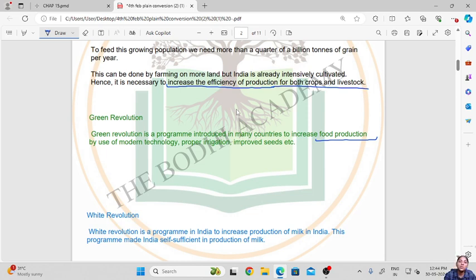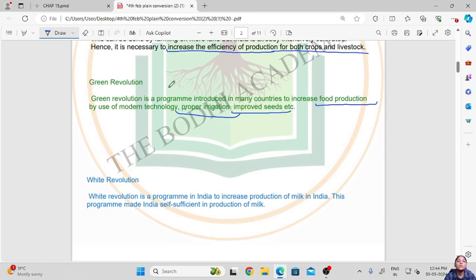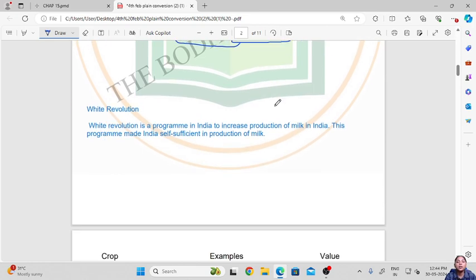It is by using modern technology such as tractors, reducing the manual labor and replacing it with modern technology. Then proper irrigation of the crops in the field, which will give a better yield. Then also using improved seeds, the improved hybrid varieties of seeds or genetically modified seeds. So this all resulted in better yields in the crop.